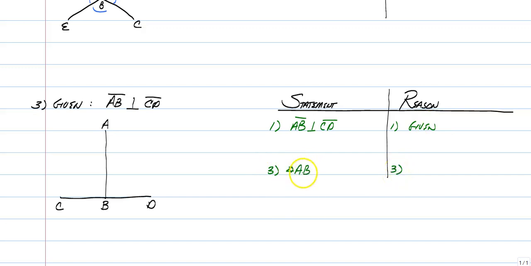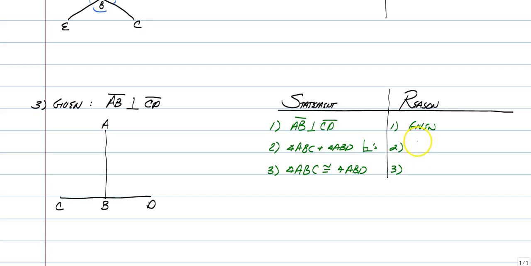I'm going to tell you that that is the third step. What we have to do first is state, what does perpendicular do? Perpendicular creates right angles. So you have to first say that angle ABC and angle ABD are right angles.